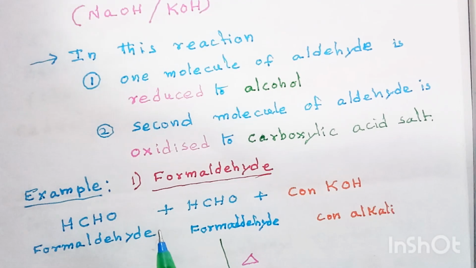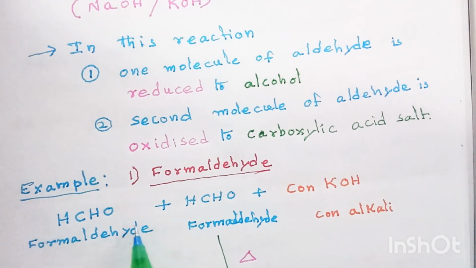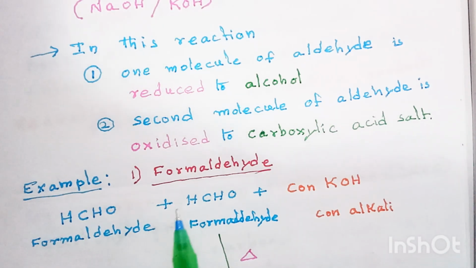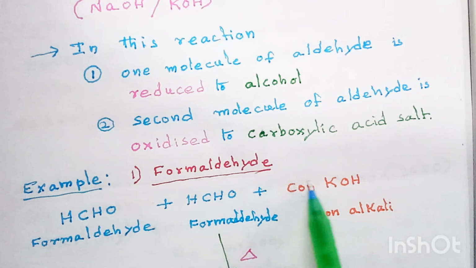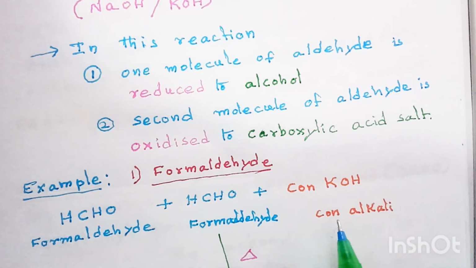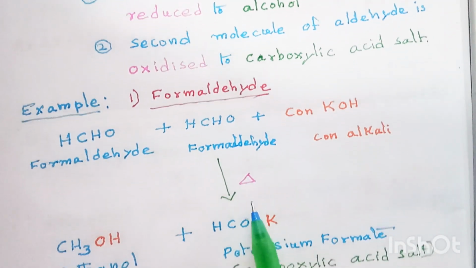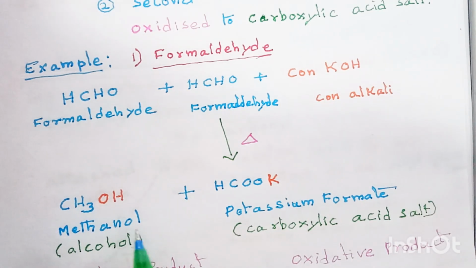Formaldehyde. Formaldehyde is HCHO. One molecule of formaldehyde and another molecule of formaldehyde plus concentrated KOH. This is concentrated alkali. On heating, it gives methanol, an alcohol.